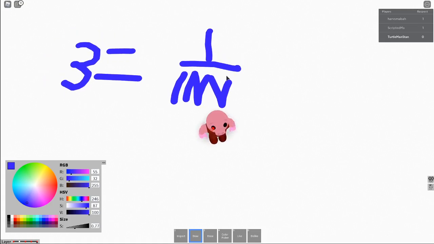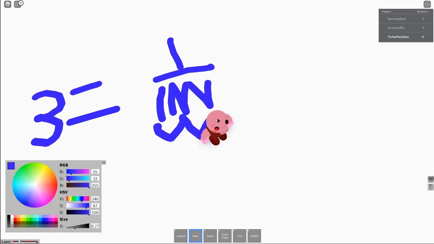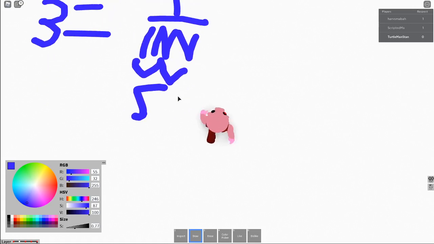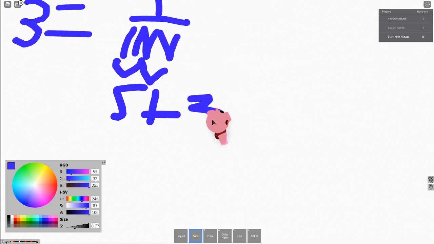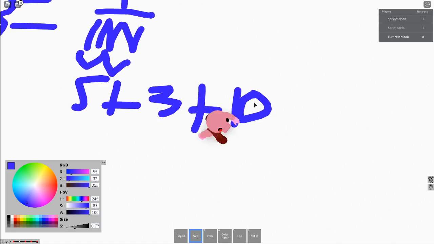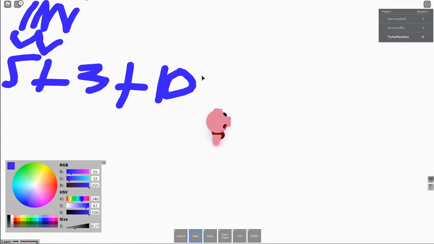So using the words that I've done, we have to multiply them. And yes, we can multiply that, and we get 5. And then we can use the 5 to do a plus 3, and then a plus 10, which equals 18.